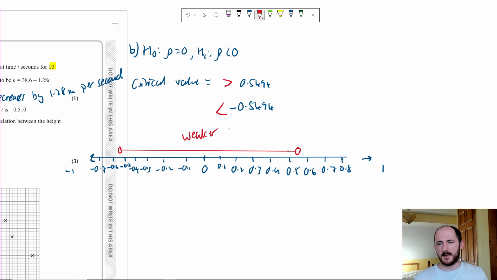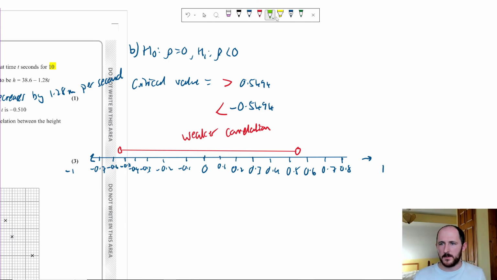So would it make sense in our hypothesis test to accept values between those two limits? When we're testing, we want to test for a strong correlation. So we want this number to be as big as possible in terms of its magnitude. In other words, we want it to be as close to 1 or -1 as humanly possible. Does that make sense?